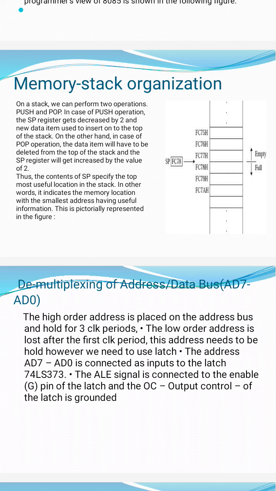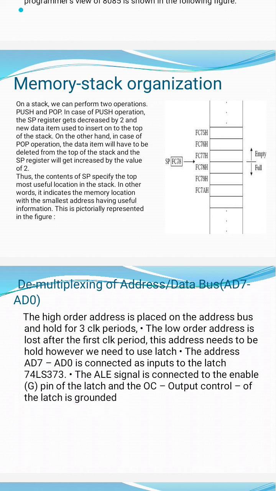It can store 8 bits in one memory location, and the stack pointer is decremented by 2 whenever the data is pushed onto the stack. Therefore it decreases by 2 and can store 16 bits of data.